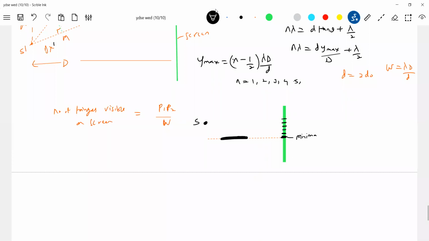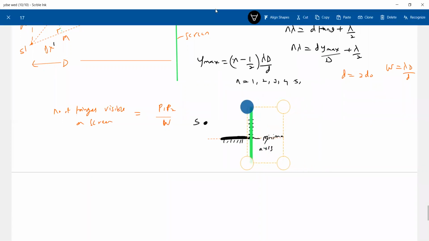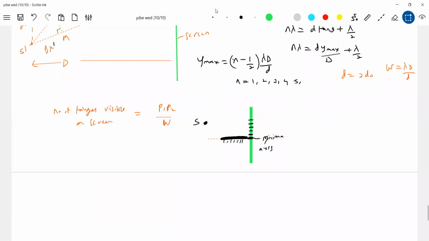Do we see any pattern below this line, this axis? Or only above that? At the axis, we'll get a minima. I should move this.